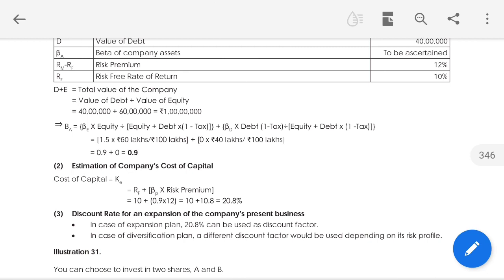Cost of capital KE is equal to risk-free return plus risk premium into undiversifiable risk of portfolio, beta P. So risk-free rate is 10, plus 0.9, that is what we calculated above, beta of assets, into risk premium, which we get from the question. So cost of capital is equal to 20.80.